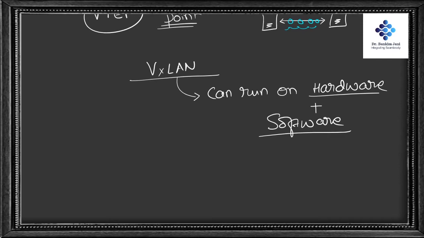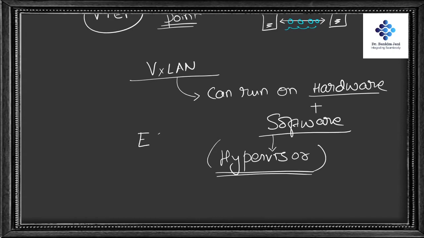Yes, it can run on what's called the hypervisor. And this hypervisor means something which is needed, which creates all that virtual environment. Say for example VMware ESX servers, or in case of Microsoft it is Hyper-V, right?